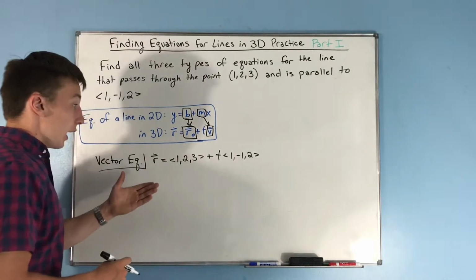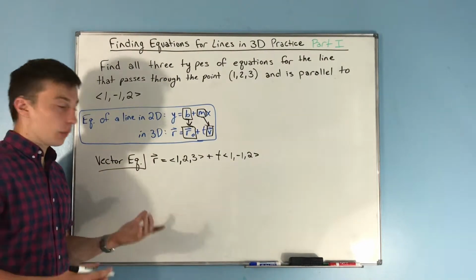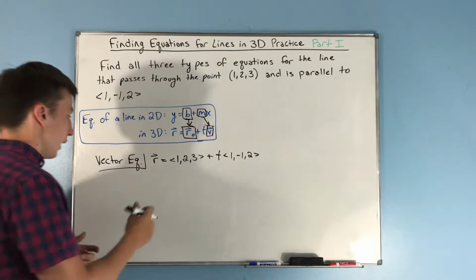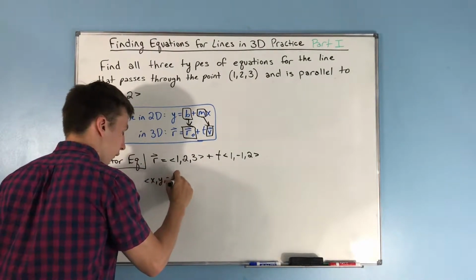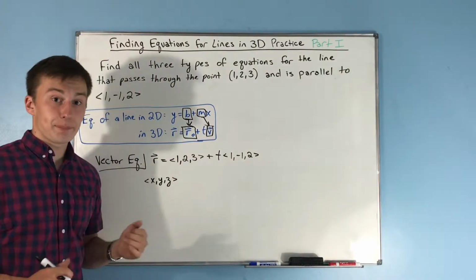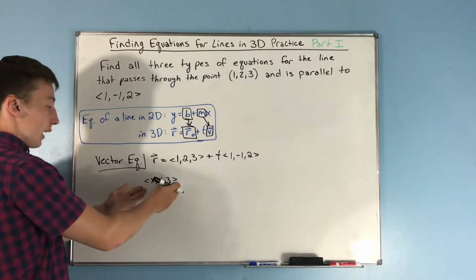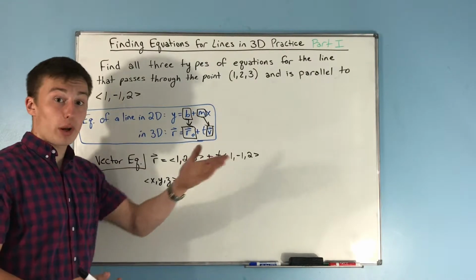Now if you want to find the parametric equations, let's do that. Our r is the vector <x, y, z>, just some random point when we plug in some t. We plug in some t and we get a position vector that points to some point on that line.